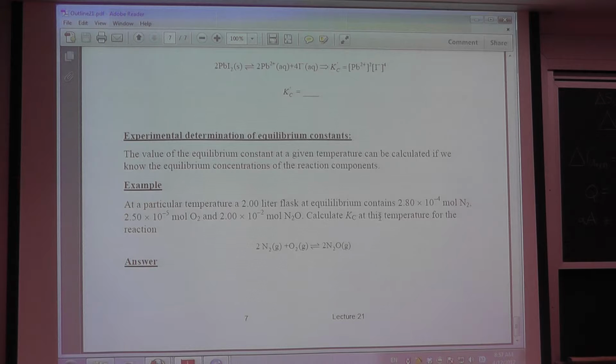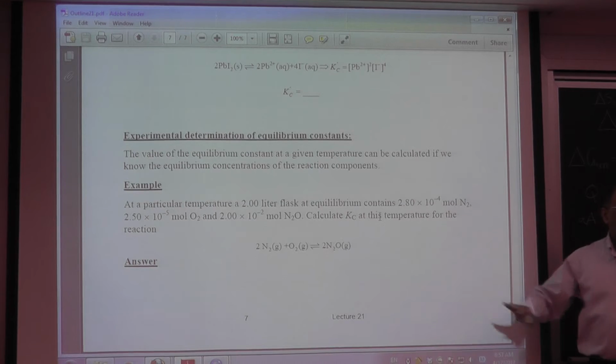So, supposing we know the partial pressures of the reactants and products at equilibrium, we can plug into this equation and get K sub P. If it was K sub C, it would be the concentration of C to the power C, the concentration of D to the power D, concentration of A to the power A, concentration of B to the power B. All right? Using that, can you set up the problem here and solve this problem, please?